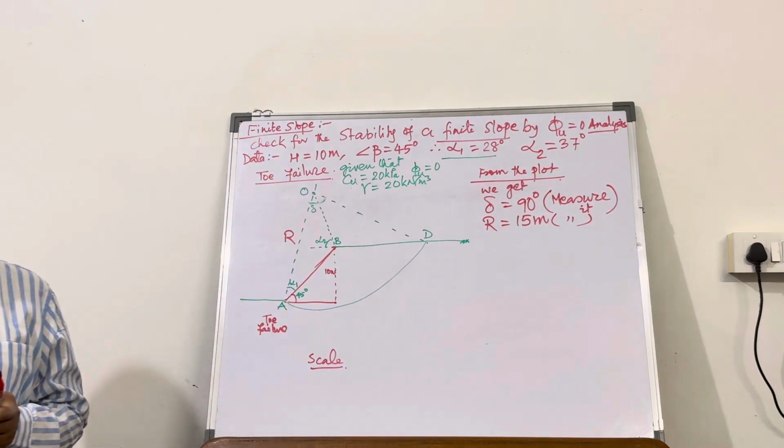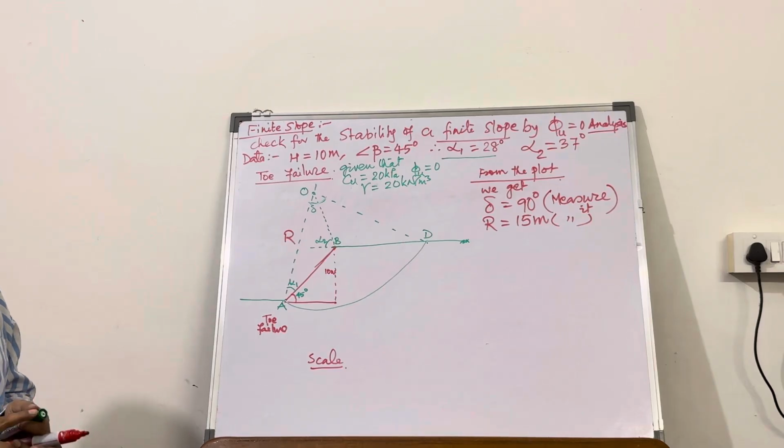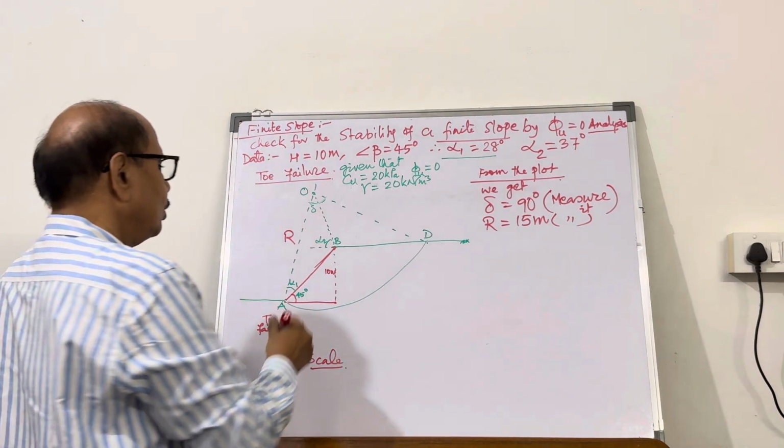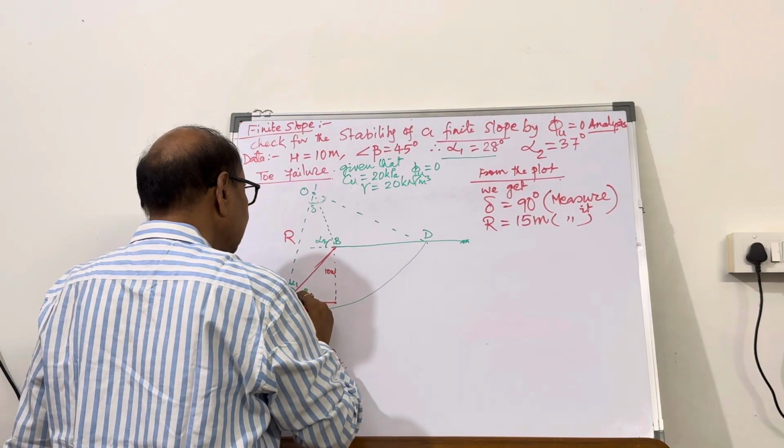So these are the given data, and you have been able to plot it. Join A to D.